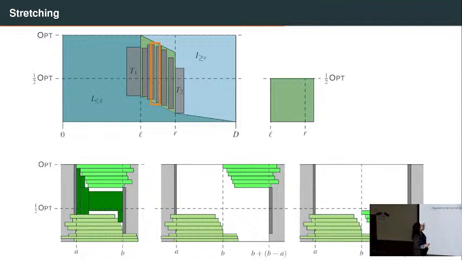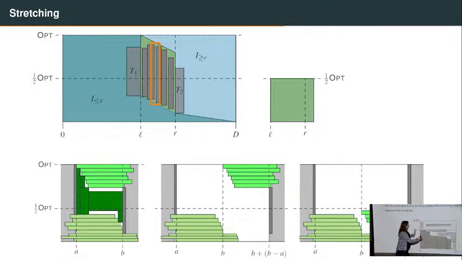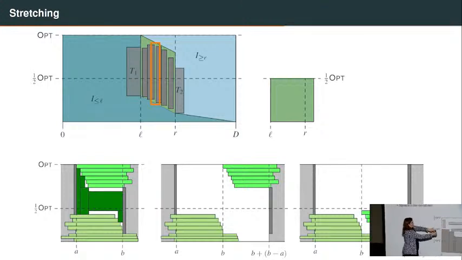And it didn't have that name, but it has been used. There the idea is basically we take an optimal packing and consider all these items here and try to shift them as far as possible to the left.